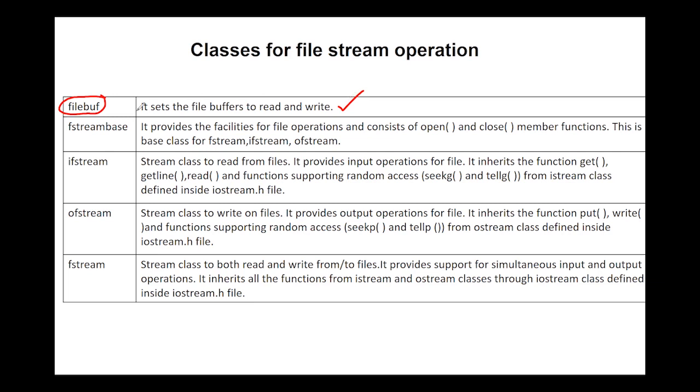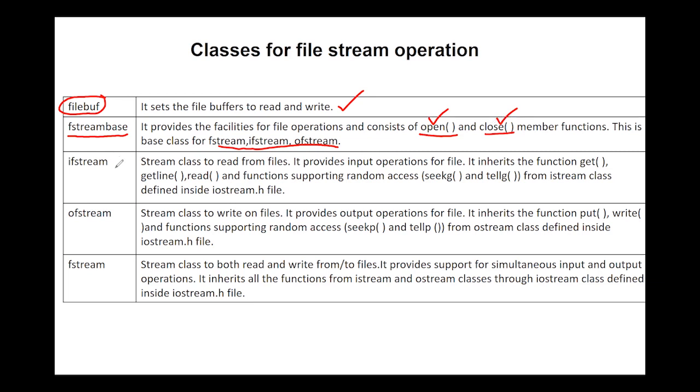That is where your file buffer is going to come in handy. Fstreambase: what is this? It provides facility for file operations and consists of open and close member functions. This is a base class for fstream, ifstream, and ofstream. Remember, fstreambase is nothing but a base class for these three classes. So it has both open and close operations available.